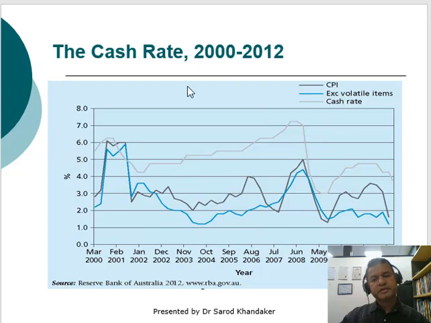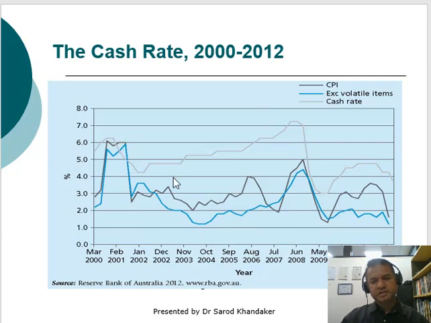Now this slide shows the cash rate of the RBA from 2000 to 2012. If you look at the cash rate, you'll find that during 2001, the cash rate was around 6%.